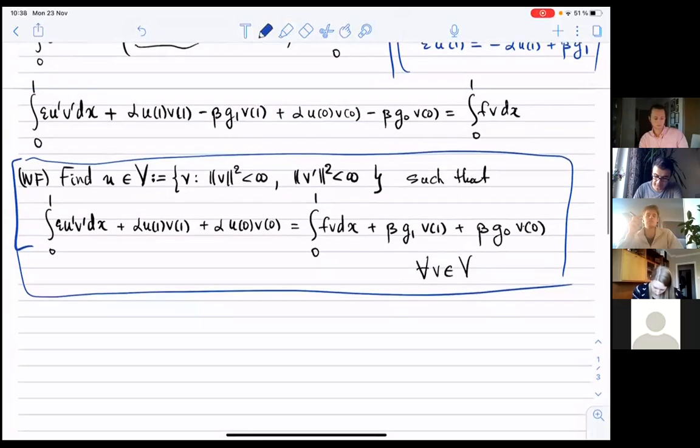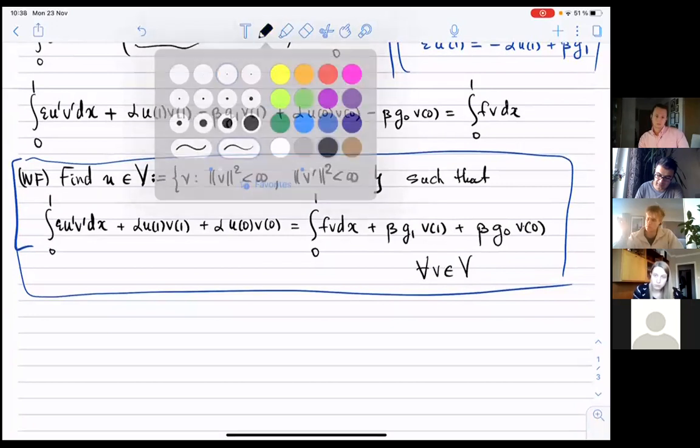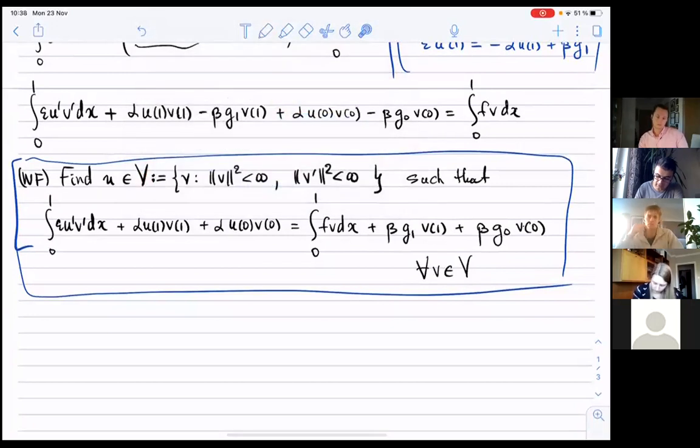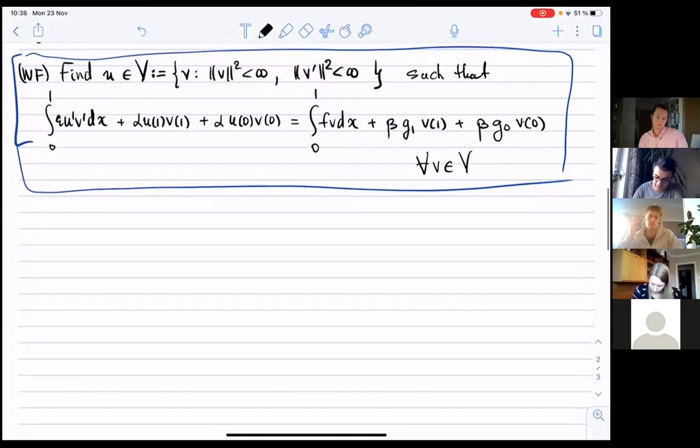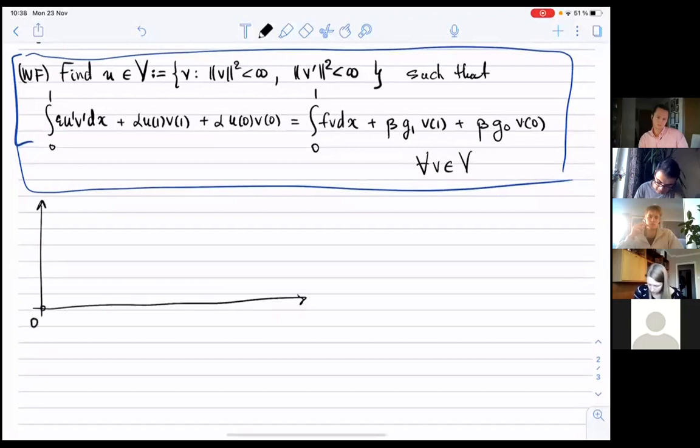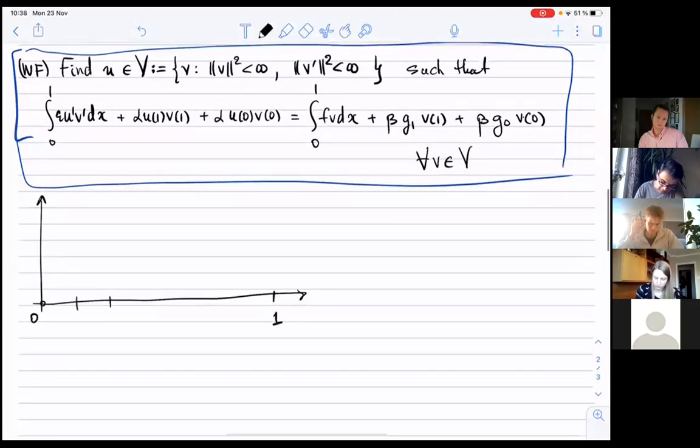Okay, so we have to construct a finite dimensional subspace of this capital V, and for that, of course, the usual step is to do a triangulation. So I quickly go through. We have 0, here is 1. We split it into a finite number of small intervals, and we enumerate: x0 is equal to 0. This is x1, that is xn, and somewhere here we have IE.